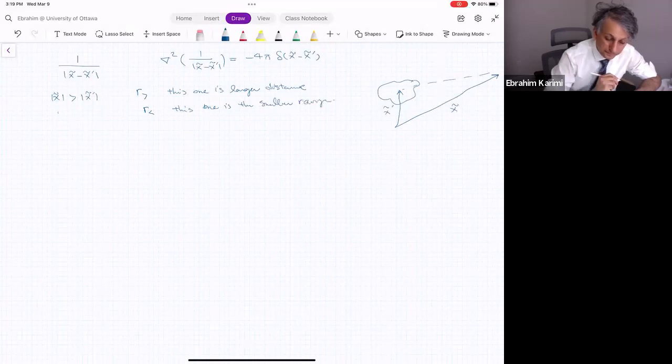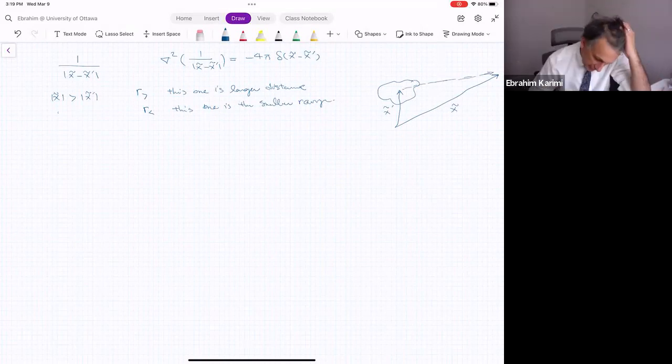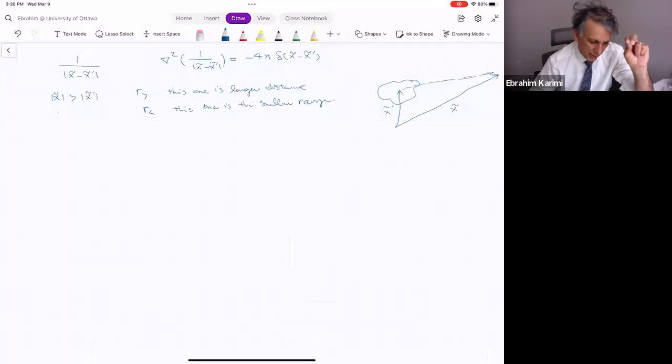So, for example, if you look at the regions which are really far away from the point charges, or from the places where you do have a charge distribution, we call that x greater than x prime. Okay, and in this specific case, x is R greater, and x prime will be R smaller.